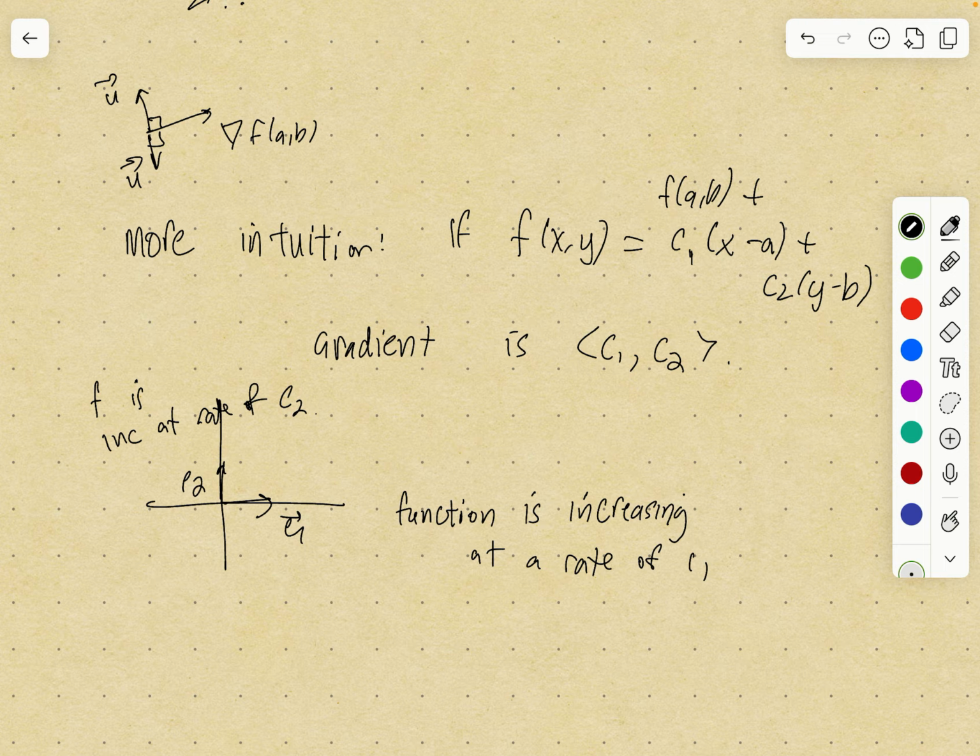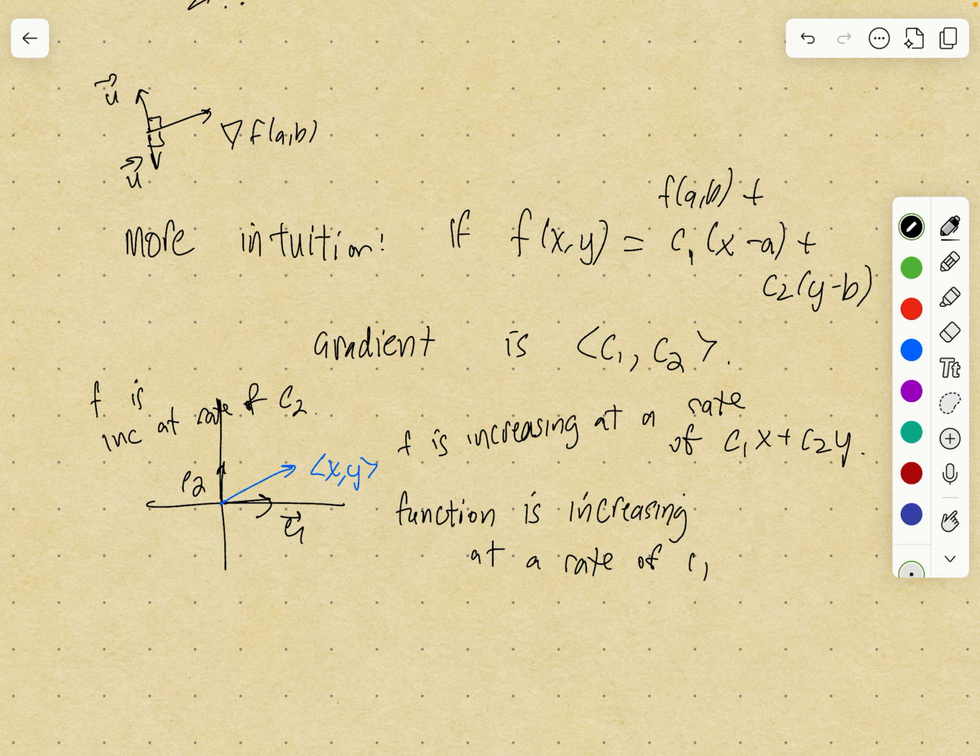And if you go in a certain direction, like if you go this way, x comma y, then the rate of change will be the gradient dotted with that. So f is increasing at a rate of C1x plus C2y. So it'll be some combination of C1 and C2, right? And that gives you some intuition behind what's going on.